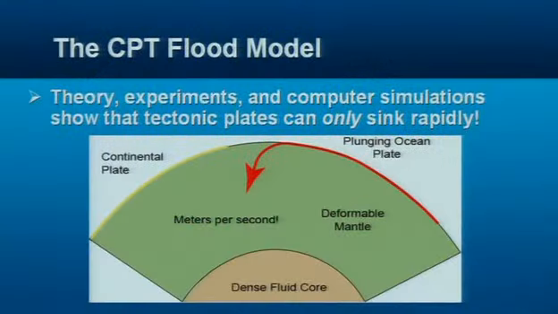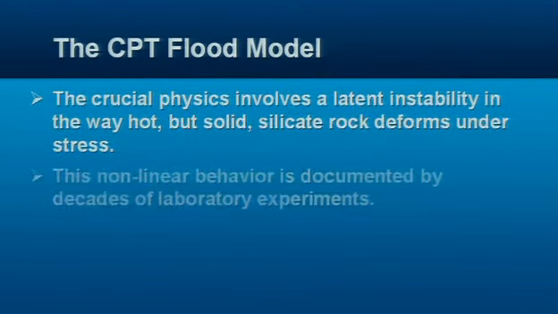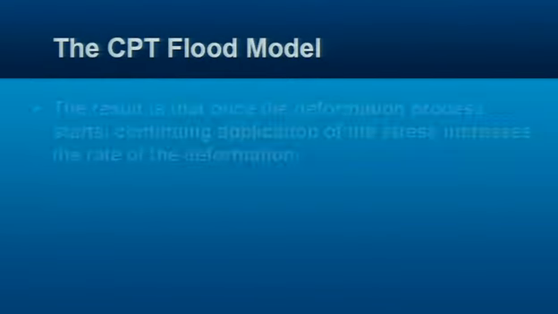Now, how do we know that this is possible? Well, theory, experiments and computer simulations show that tectonic plates can sink rapidly. Metres per second, tens of feet per second. The crucial physics involves a latent instability in the way hot but solid silicate rock deforms under stress. And the behaviour is non-linear. Once it gets started, it goes faster and faster. And we've known this from laboratory experiments.